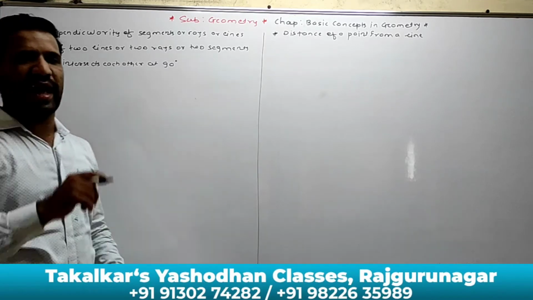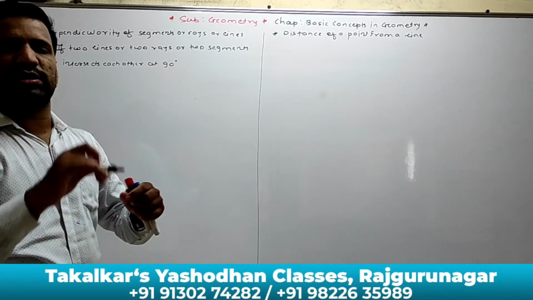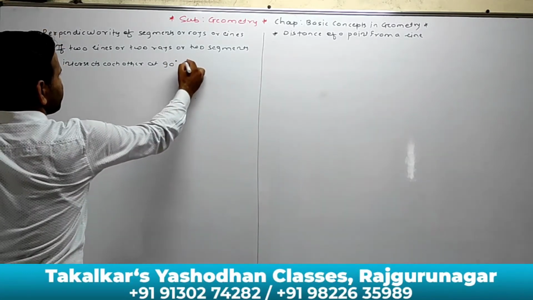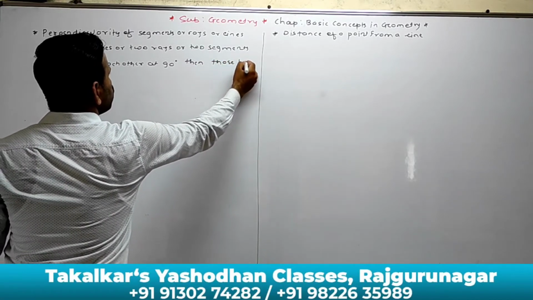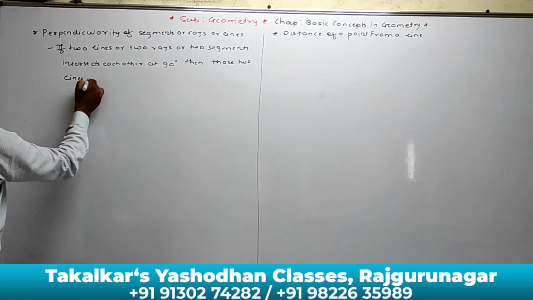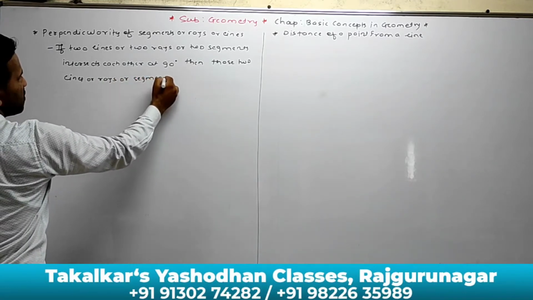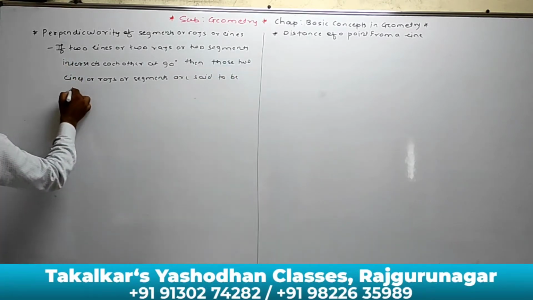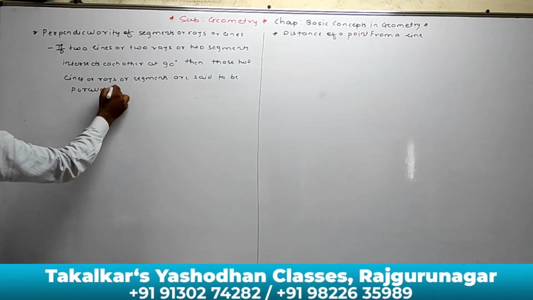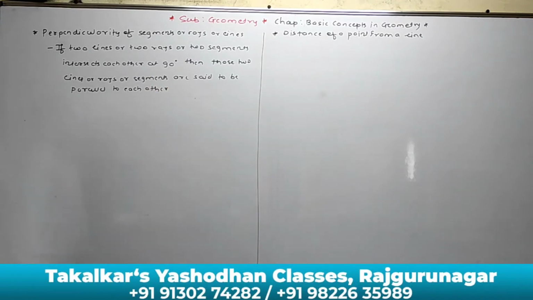Whenever they intersect each other, the angle formed between them is 90 degrees. जेव्हा ते एकमेकांना छेदतील त्यांच्यामध्ये तयार होणारा अँगल जर 90 डिग्रीचा असेल, then those two lines or rays or segments are said to be perpendicular to each other.